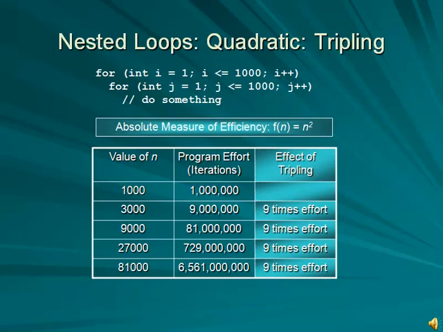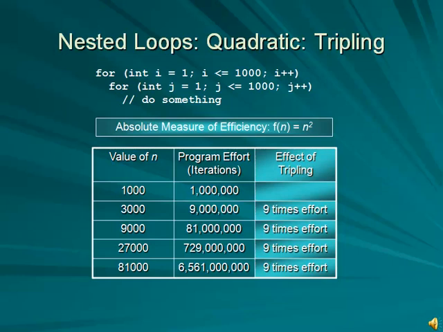So with this slide, we're going to triple the value of n in each case and watch the change in program effort. Remember, we don't care about the actual specific value for program effort for a given value of n. No. Instead, we care about how program effort changes as we change n. The key word here is change. Take a look at the chart. When we have a value of n being tripled from 1,000 to 3,000, then the program effort changes from 1,000,000 to 9,000,000.